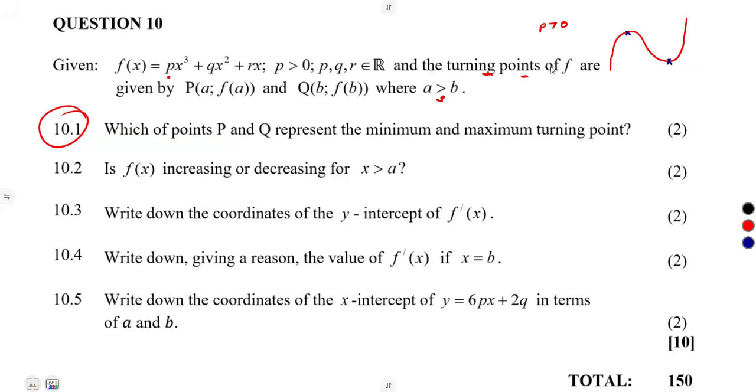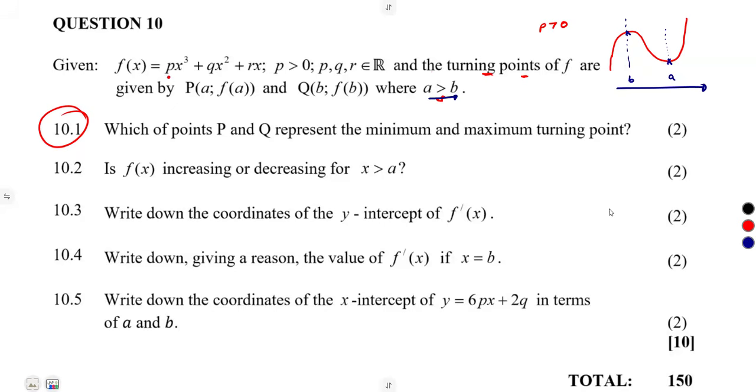As the values are being represented, we are told that a is greater than b, meaning a is more positive compared to b. So this can happen at point A, and this can happen at point B. So a is greater than b. A is on the positive side.